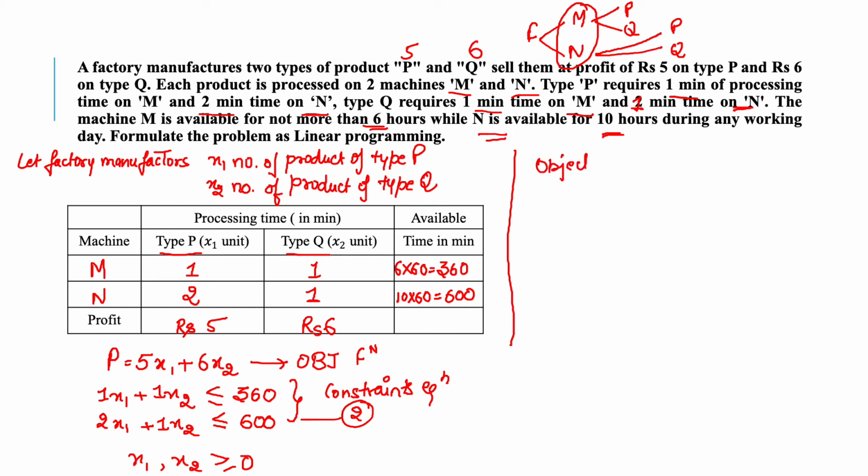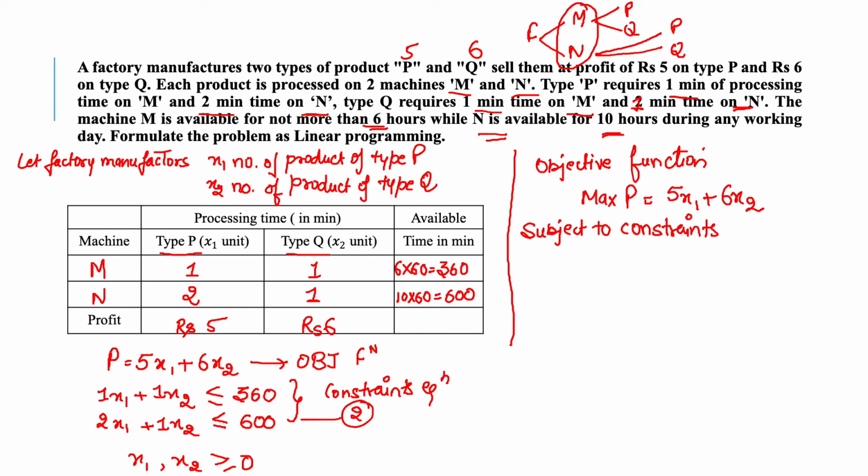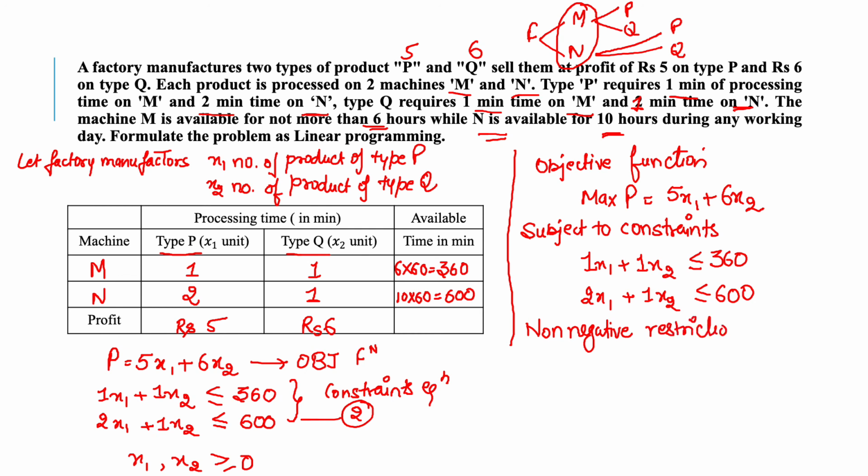So the problem can finally be put in this form. My objective function is to maximize the profit, so maximize P equals 5x1 plus 6x2, subject to the constraints 1x1 plus 1x2 less than or equal to 360, and the second constraint 2x1 plus 1x2 less than or equal to 600, and the non-negativity conditions x1, x2 greater than or equal to 0.